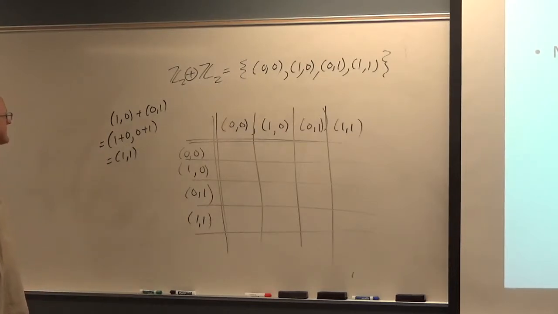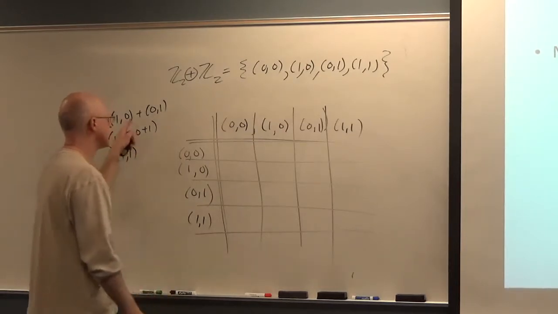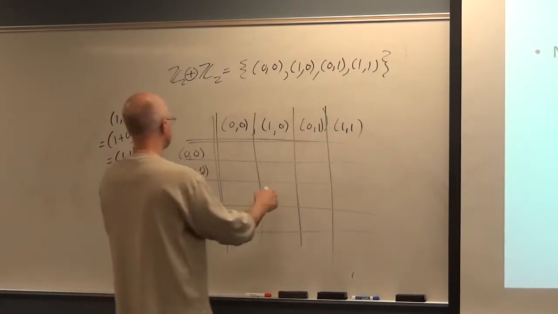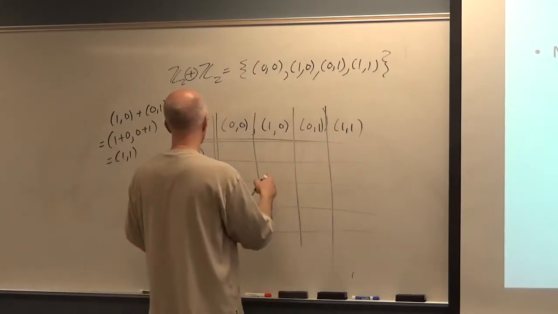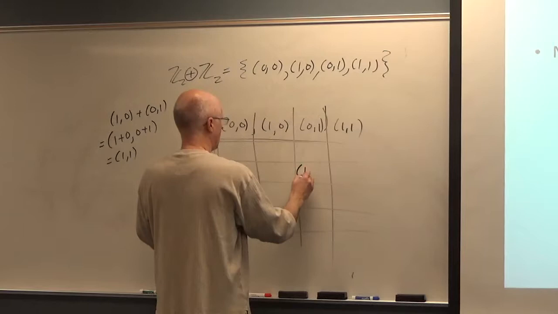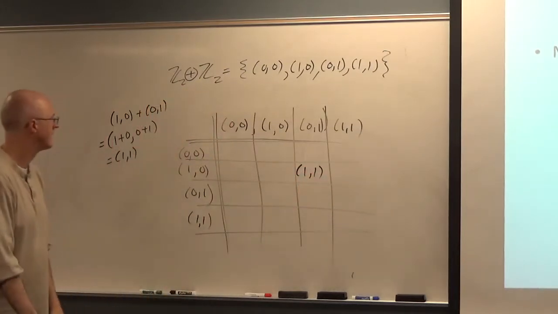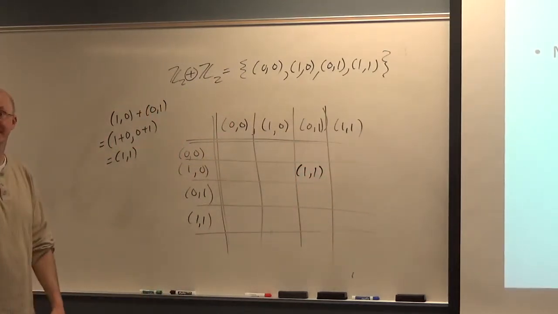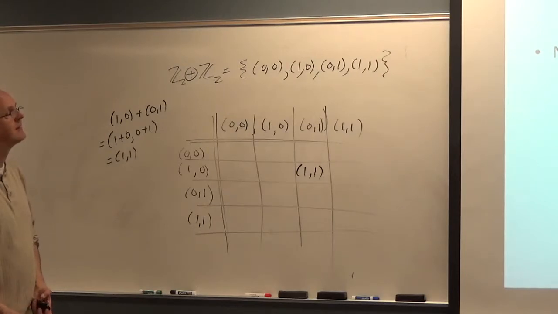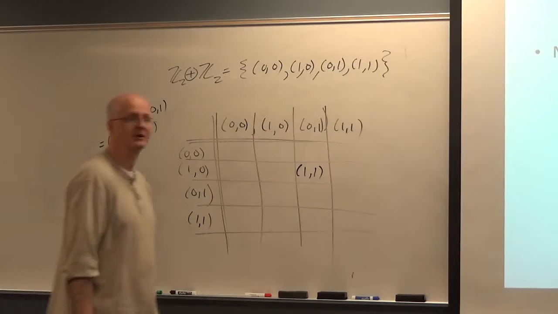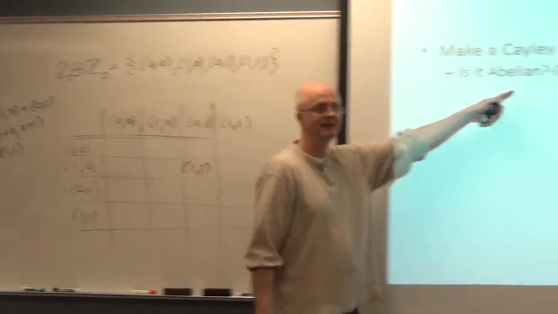So the sum of 1, 0 and 0, 1 is 1, 1. And it's going to be abelian here. Is it abelian? You could ask these kinds of questions up here. Is it abelian? Is it cyclic?